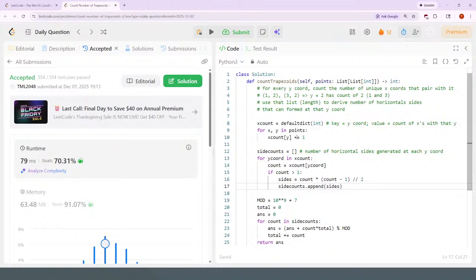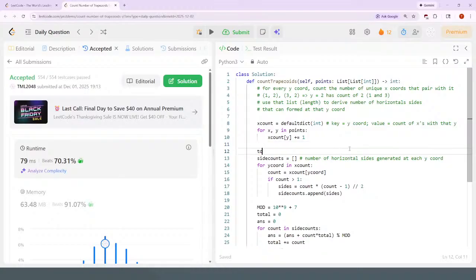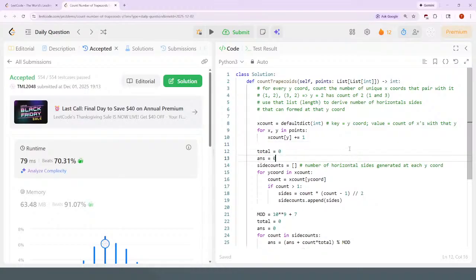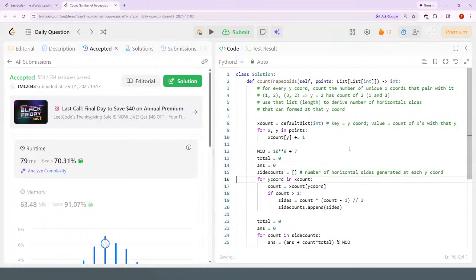Okay, I think maybe I could combine these two in the same for loop actually, because I'm generating the side counts here, but then I only use it once as I pass through here. So I guess I can keep the running total here. Answer equals 0 here. Everything moves up here. So I'm going to try to avoid using side counts.